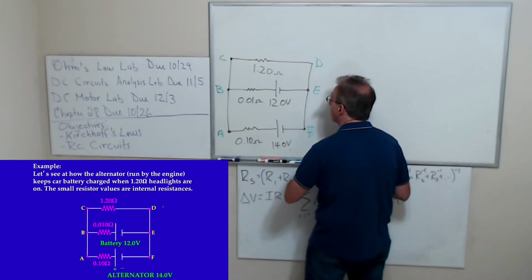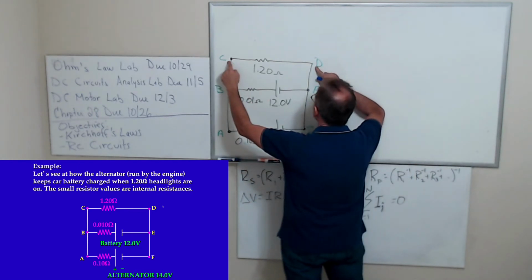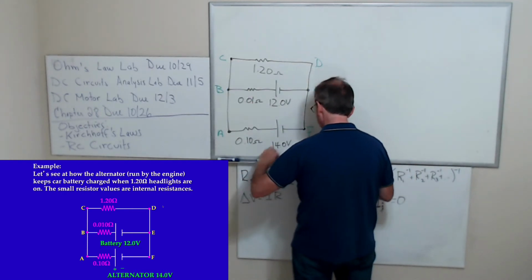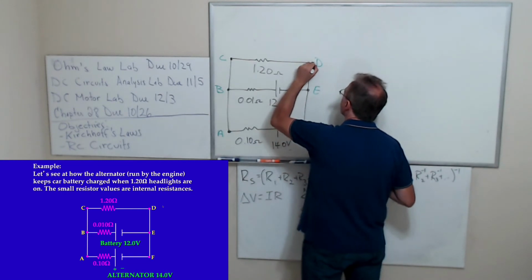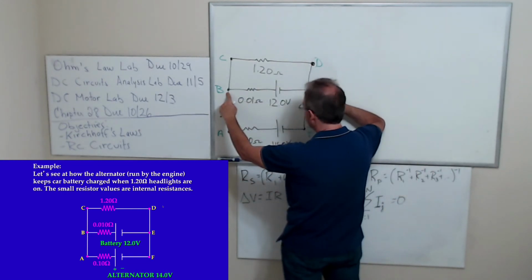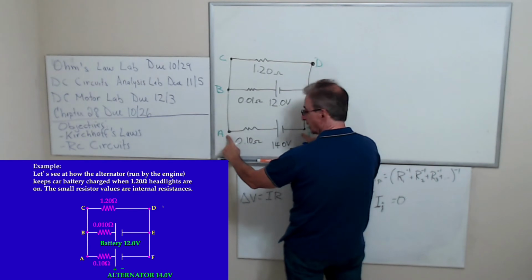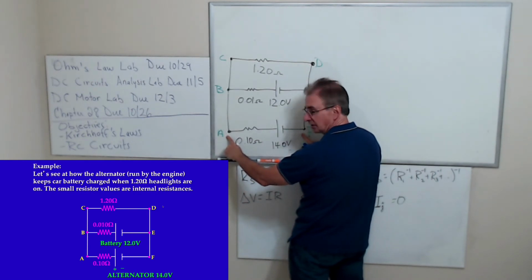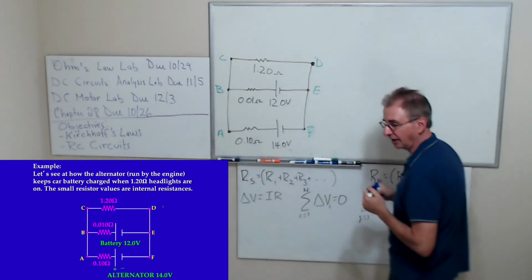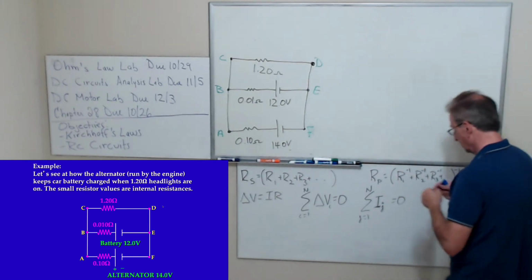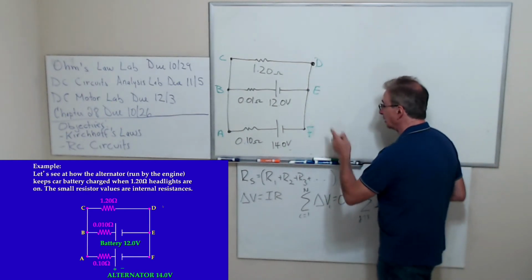You should realize that the potential difference between these two points is the same as the potential difference between these two points, and the same as between these two points. So how many loops do you see there?